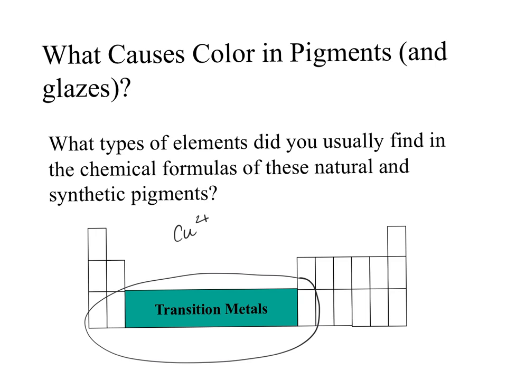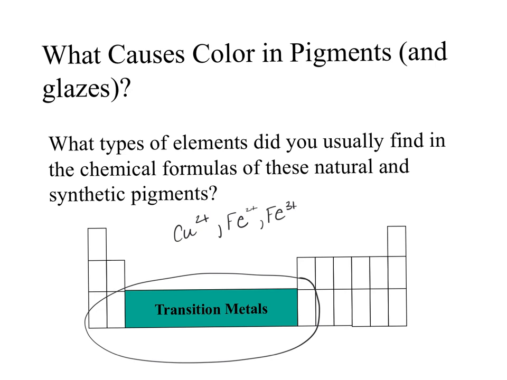We looked at copper patinas in lab. Those gave us greens and blues depending on the copper complex. Iron, right? And Prussian blue. We saw that as well. Both Fe2 plus and Fe3 plus. So lots of these transition metals give color to the glazes.